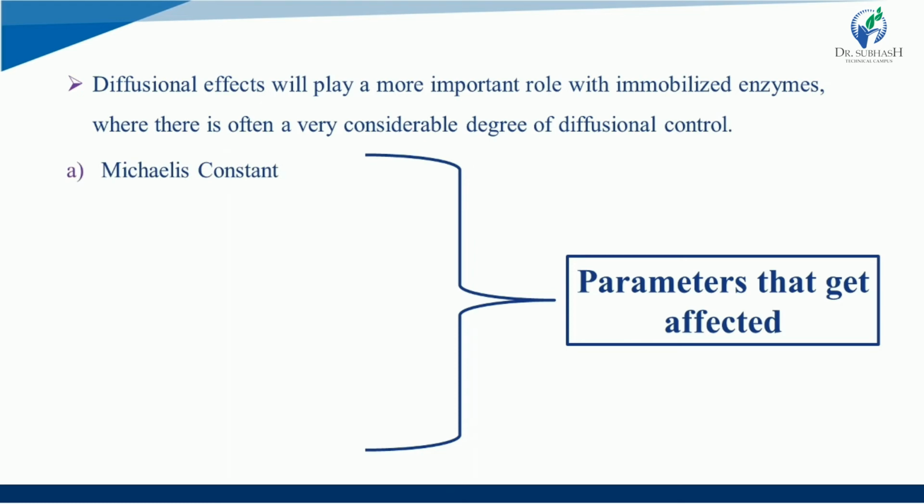the Michaelis constant. What is this Michaelis constant? We have already studied about this. If you remember, this Michaelis constant was Km, the Michaelis-Menten constant. It was defined as the substrate concentration to produce half maximum velocity in an enzyme catalyzed reaction, right?